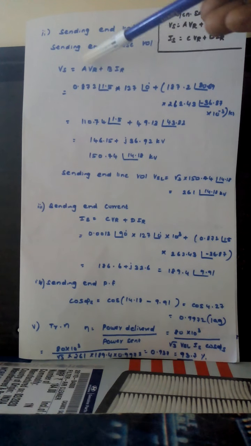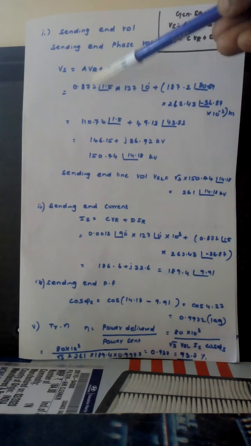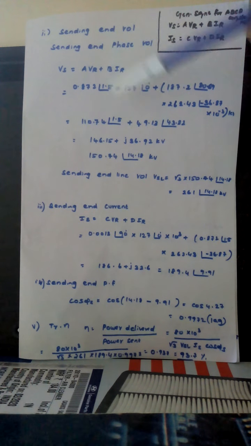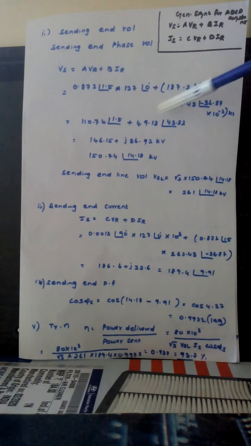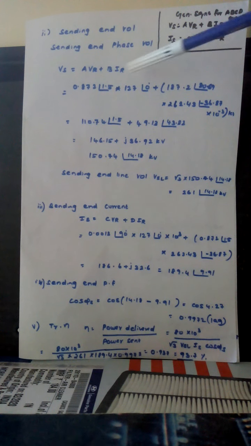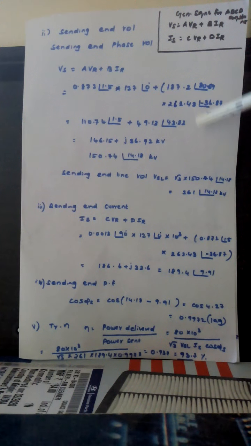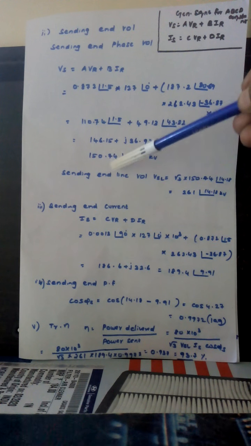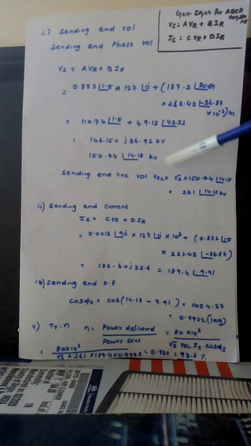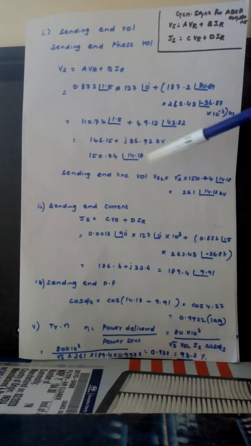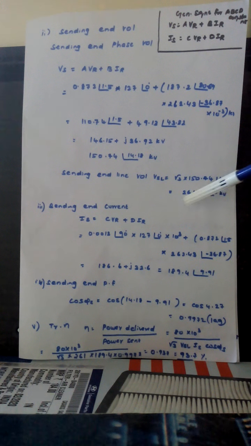Substituting A as 0.872 at an angle 1.5, VR as 127 at an angle 0, plus B as 187.2 at an angle 80.69, and IR as 262.43 at an angle minus 36.87 into 10 to the power of minus 3, and simplifying, we get 150.74 at an angle 14.18 kV. This is the phase voltage, so converting into line voltage, root 3 times 150.74 is 261 at an angle 14.18 kV.